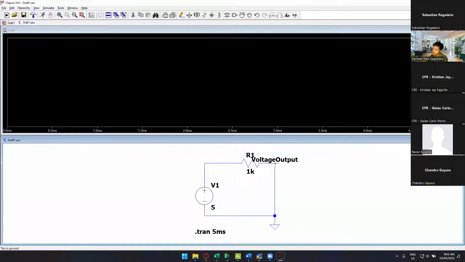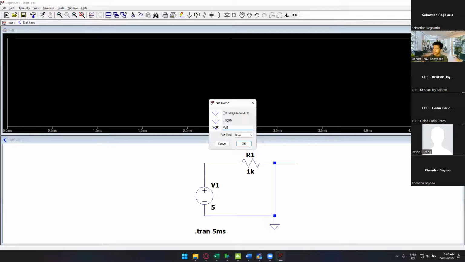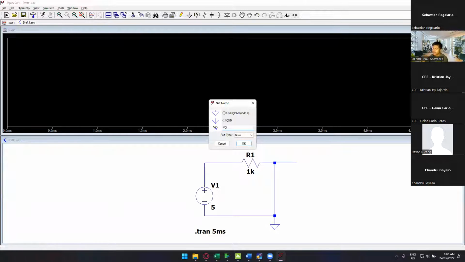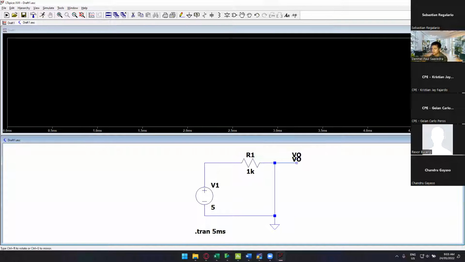It's like saying that we don't have a voltage output. Ah, I forgot, this is incorrect. Delete, delete. So we should put lines right here. There we go.